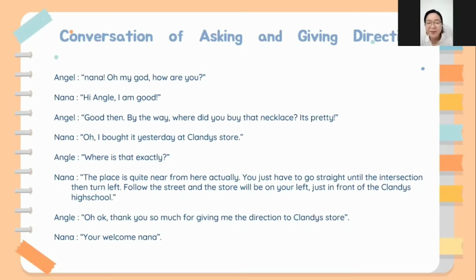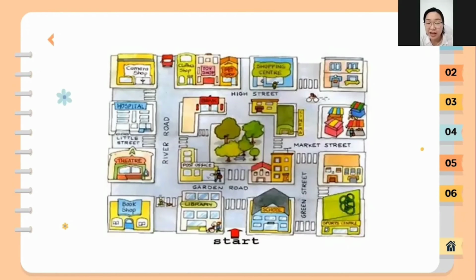Good job. Thank you so much. Yeah, so next. Now, here I have some maps. I also want 2 students to be the volunteers to give directions and also ask for directions. Who wants?